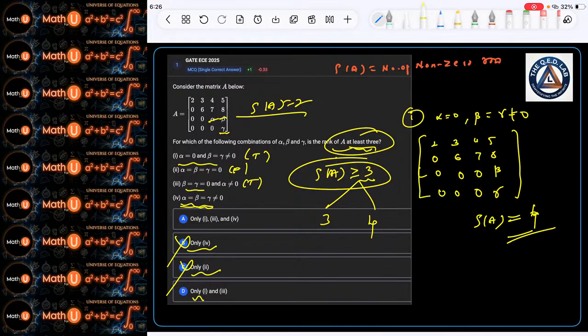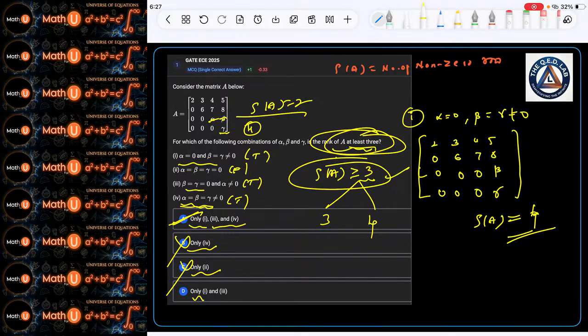What about this? If in all the cases alpha, beta, gamma are not equal to 0, and this is not equal to 0, that means we get rank 4. Yes, this is also true. That means A is the correct one: only 1, 3 and 4. They used the word at least.